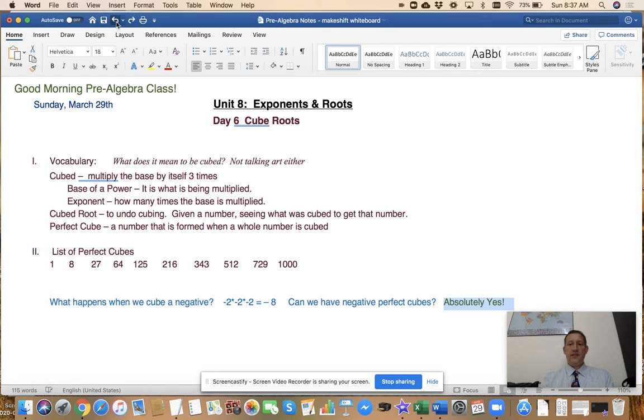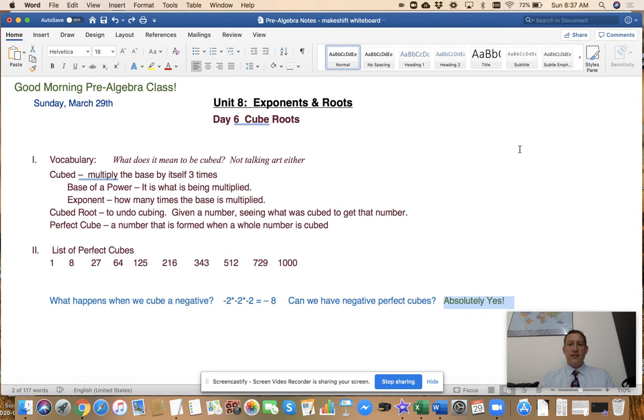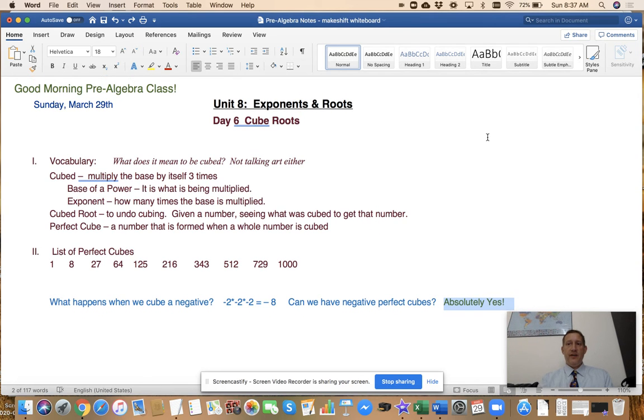The answer is yes. All right, so that makes me wonder, what about square rooting? Can I square root a negative? No, but can I cube root a negative? Yes, also. So let's go ahead and look at cube roots.